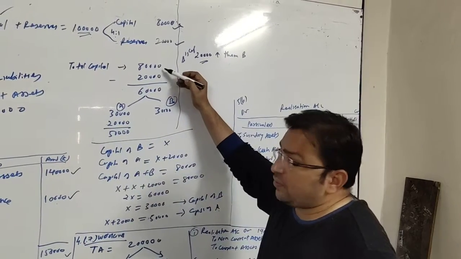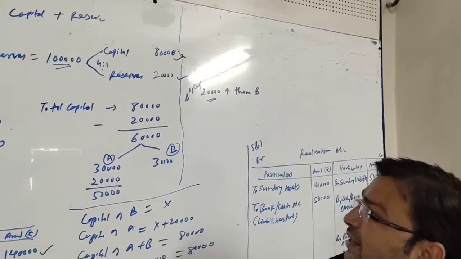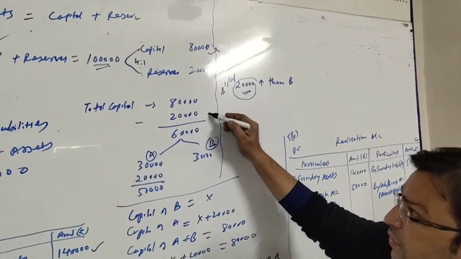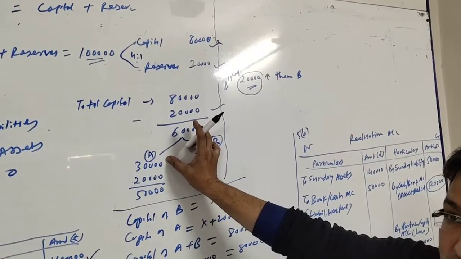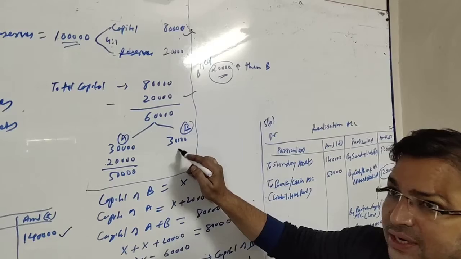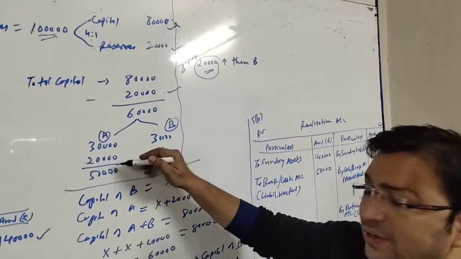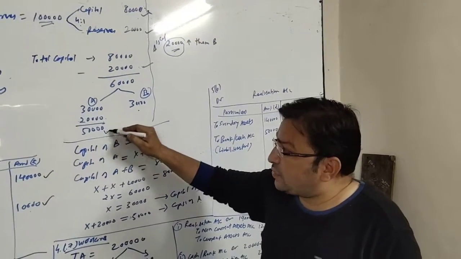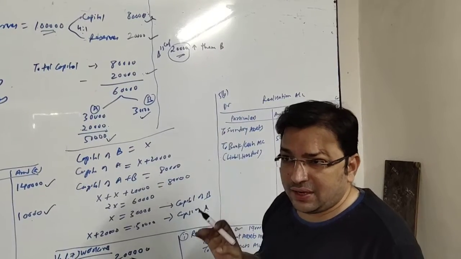First, total capital as we calculated is 80,000. From that 80,000, this 20,000 we will keep aside, and the remaining 60,000 we will distribute between the two in equal proportion. So 30,000 each. And this 20,000 which we kept aside will be added to the capital of A. So 30 plus 20 is 50. So the individual capital of both will be 50,000 and 30,000.